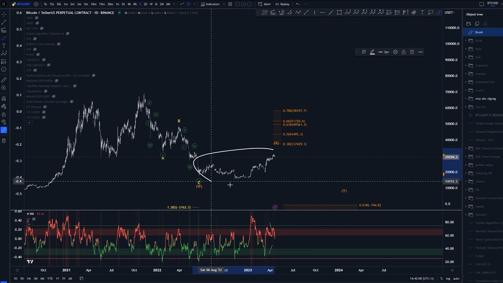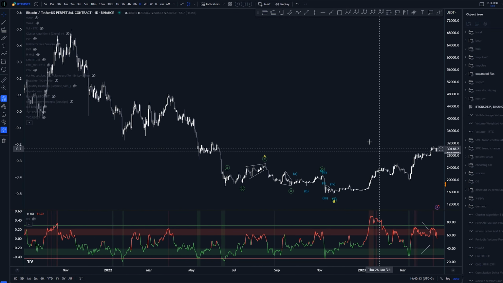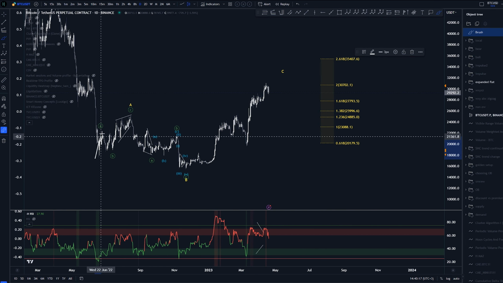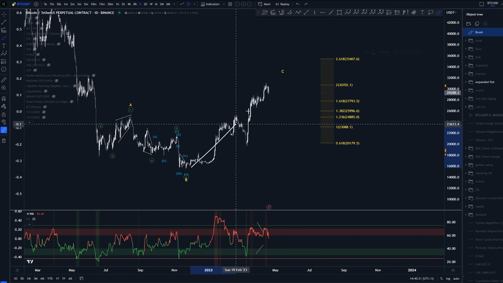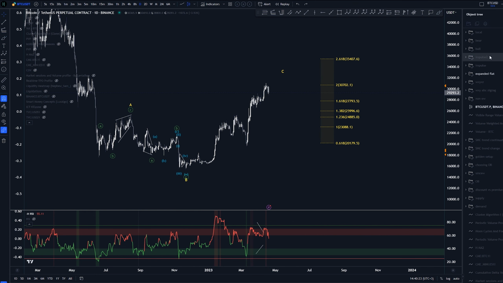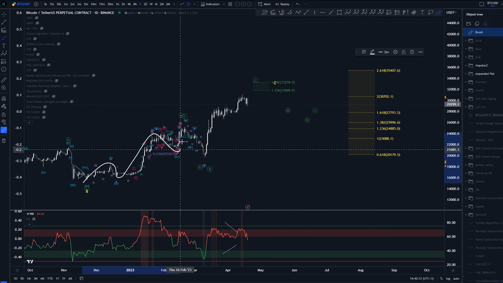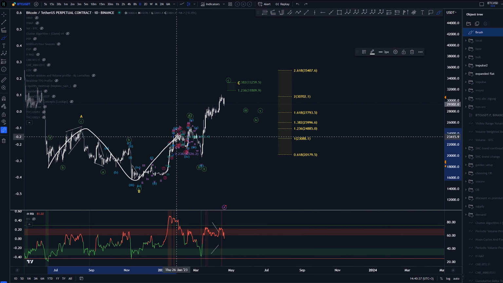Let's take a look at this area here next, in which the idea has been that we've had this as an expanded flat. In this one we had an ABC here, and then we were looking for a forward move. Now, as a structure here, as a possibility, this was a 1, 2, 3, 4, 5, and there was already a chance that we had this finishing here.